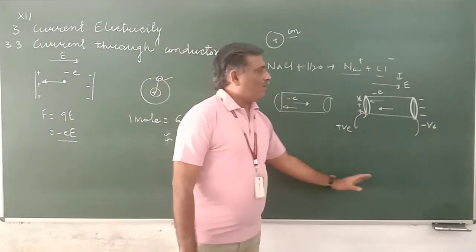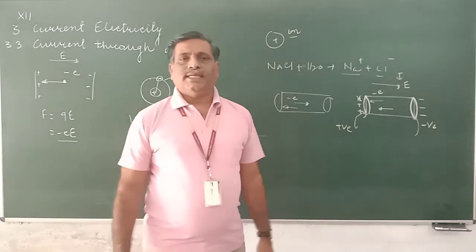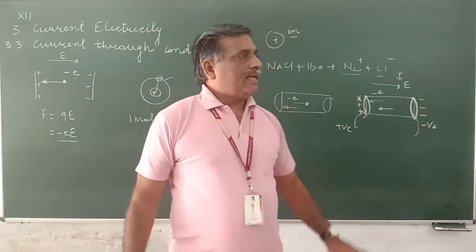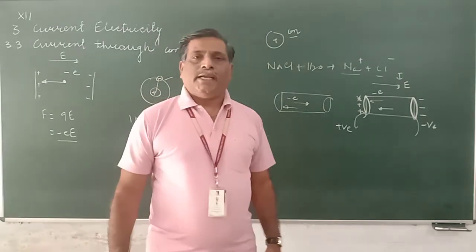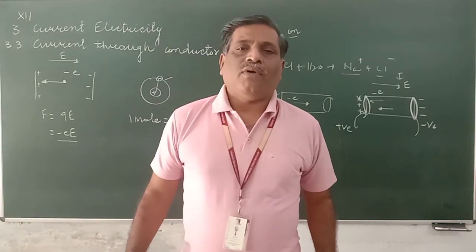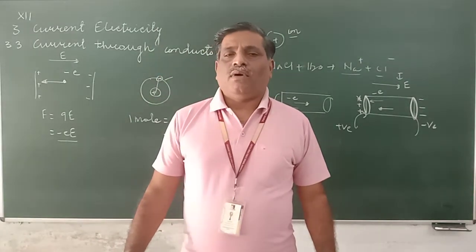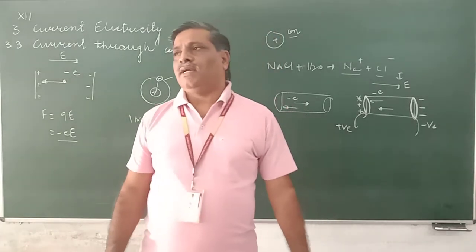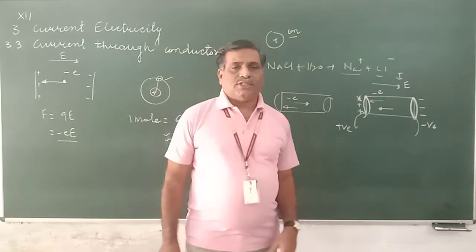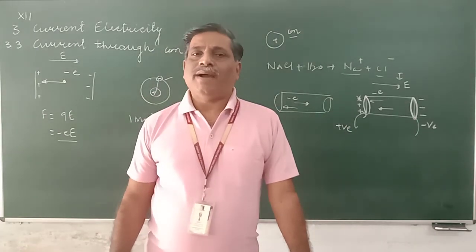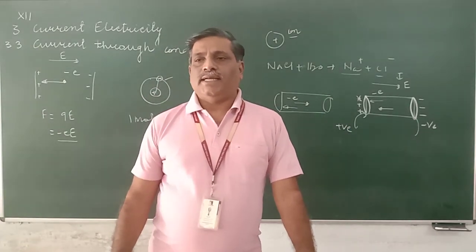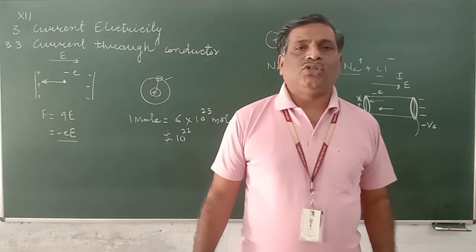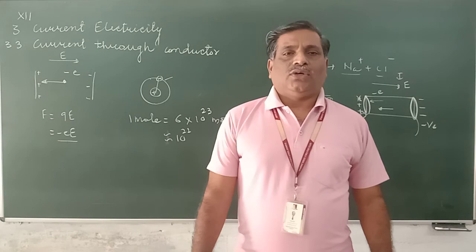Constant supply of charges to the discs attached at the ends of the cylindrical conductor keeps current flowing for a long time or permanently. This is known as a steady current, and the source of this is normally a battery or electrical cell. This is the way steady current can flow through the conductor. That's all. Thank you.